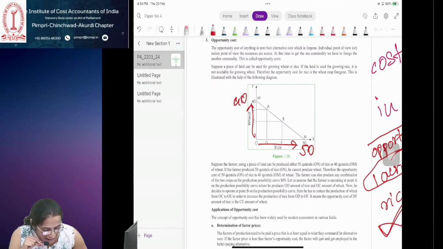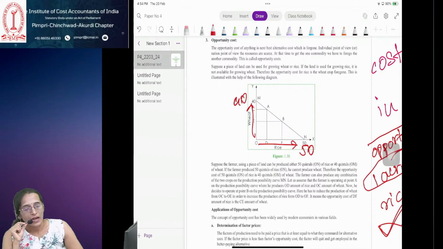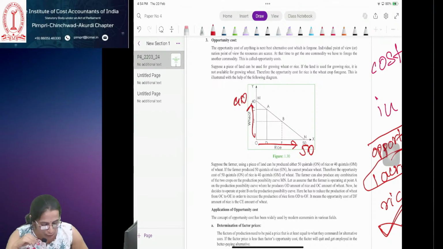At that time, to get one commodity, we have to forgo another commodity. Right, Saili? Resources are scarce. We have only 1 acre of land. So if we want more wheat, we have to produce less rice. And if we want more rice, we have to produce less wheat. These are called opportunity costs.